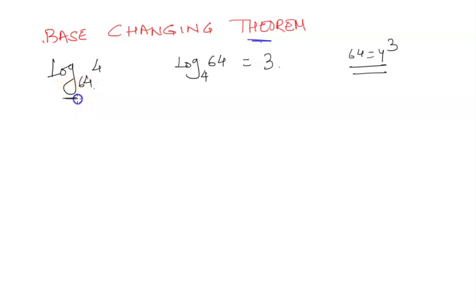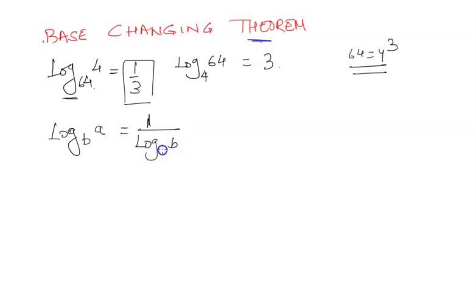You will need some calculations to do it, but it's easier. What if I say that this value is equal to 1 by 3? Can we solve this using the base changing theorem? So basically what we are saying is, if you have a value log a to the base b, it is equivalent to 1 by log b to the base a.